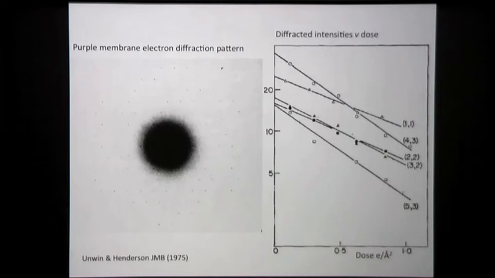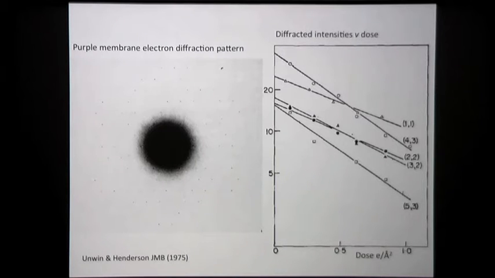However, what they discovered was that if you study the strength of these intensities as a function of the electron dose that you give the specimen, you find that the intensities fairly quickly decay with electron dose, so that by the time you've even got to 1 electron per square angstrom, there has been significant damage, because electrons are far from a perfect imaging modality, because there are more inelastic, chemically damaging events than elastic scattering, which are the ones that you want for your imaging.